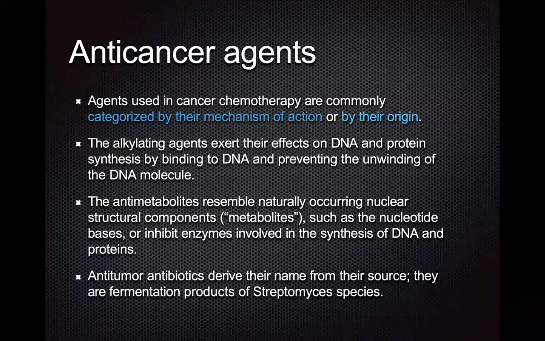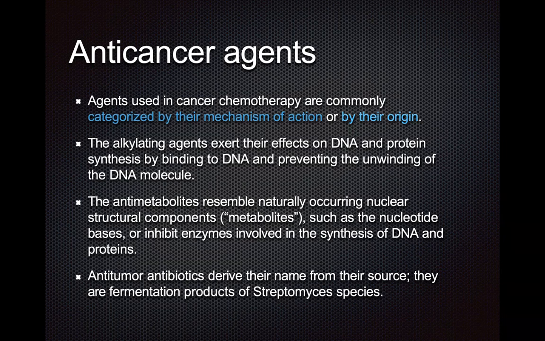Anti-cancer agents used in cancer chemotherapy are commonly categorized by their mechanism of action or by their origin. The alkylating agents exert their effect on DNA and protein synthesis by binding to DNA and preventing the unwinding of the DNA molecule.